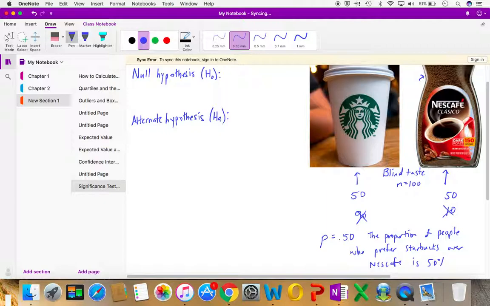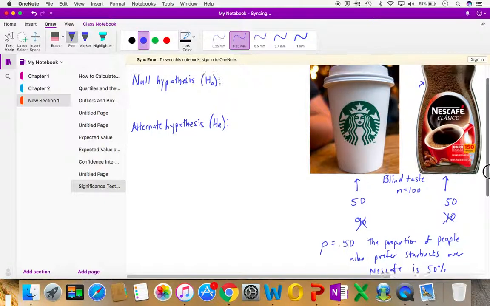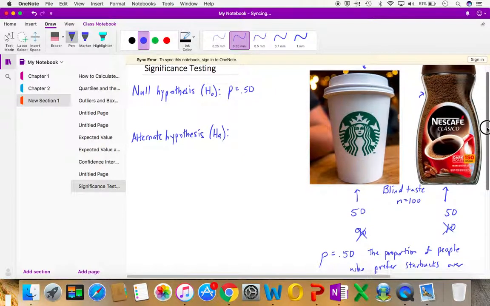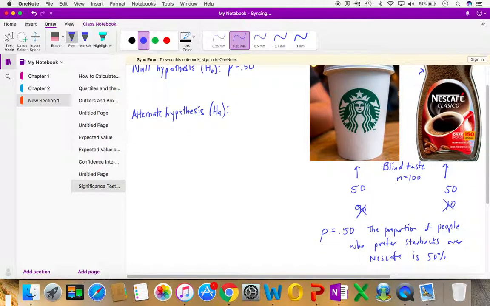That would lead me to believe that there's no difference between the two. It's just totally random. So that right there is going to be my null hypothesis. My null hypothesis is that p is equal to 0.5 or 50%, and we're going to call p the proportion of people who prefer Starbucks. Another way to think about it is there's no difference between the two.